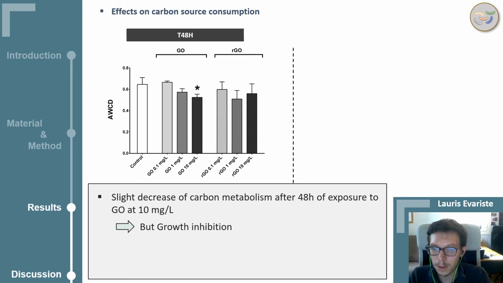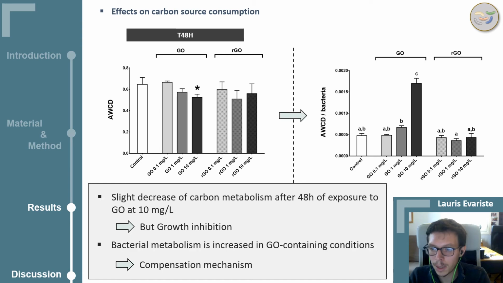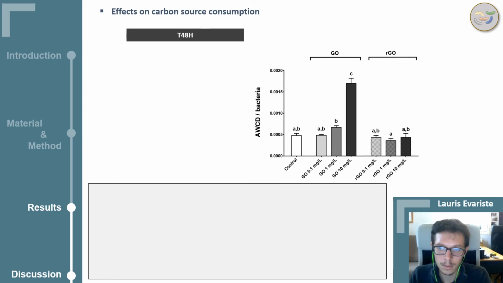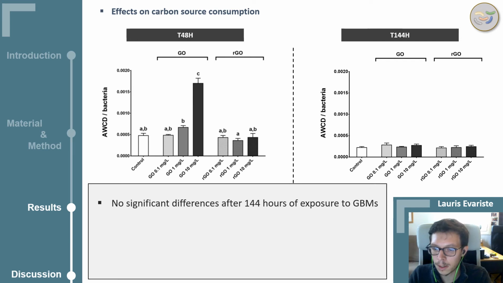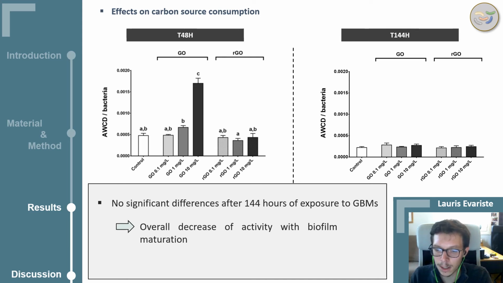So if you consider the metabolic activity per bacterium, this time you observe that the bacterial metabolism is increased in GO-containing conditions, and this is acting like a compensation mechanism. And after 6 days of exposure, we observed no significant differences between the different tested conditions, and we only noticed an overall decrease of the activity with the biofilm maturation.